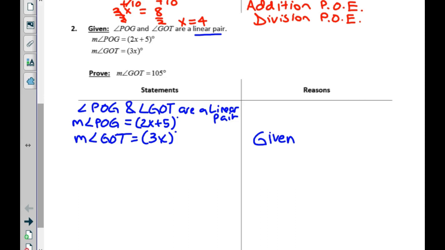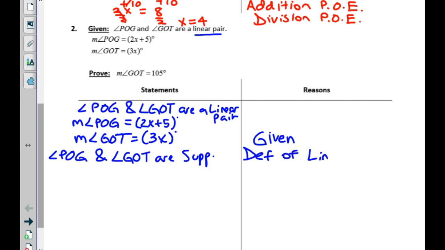So angle POG and GOT are supplementary. That's the definition of a linear pair. So we're going from linear pair to supplementary.